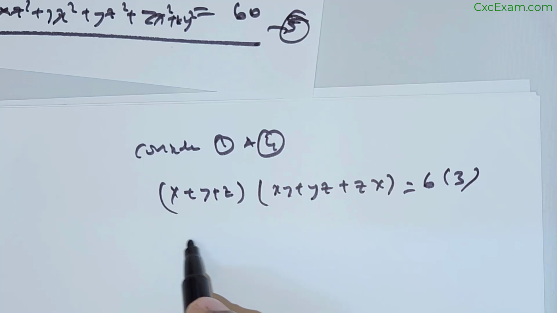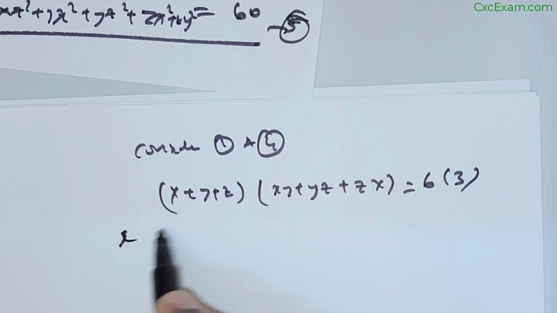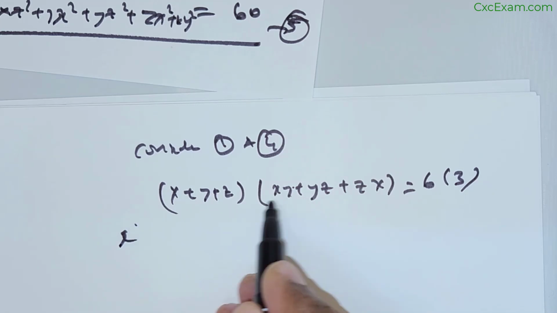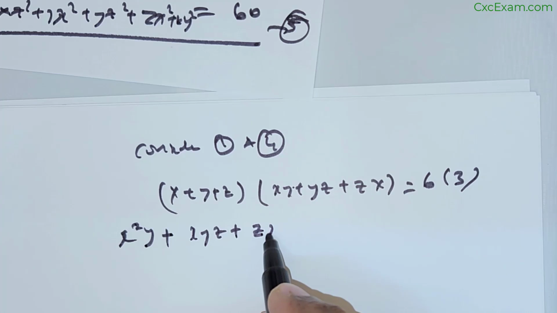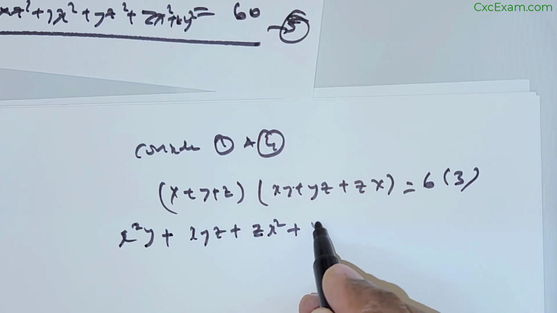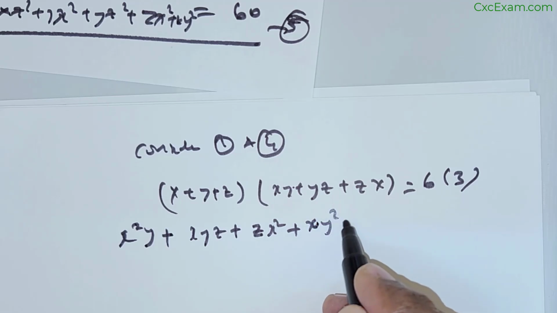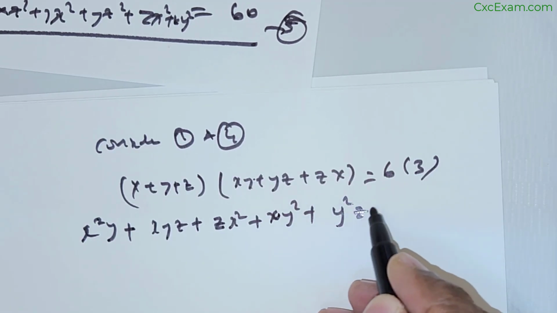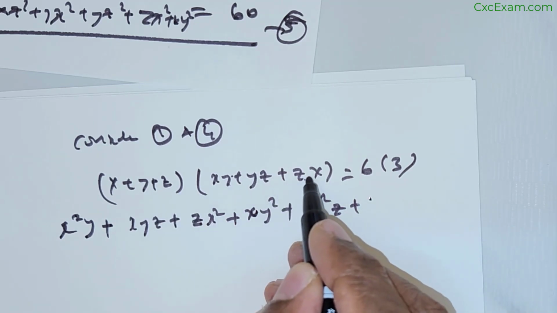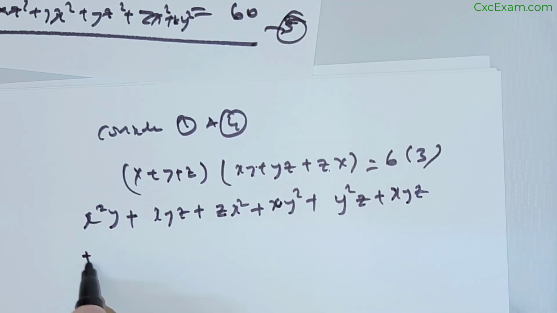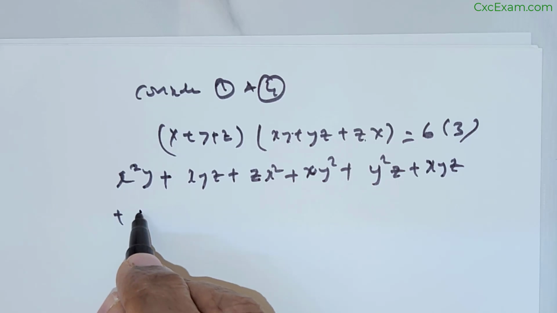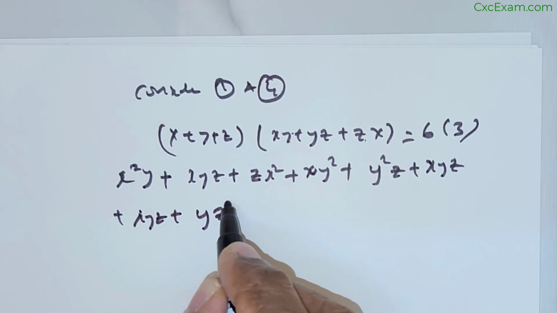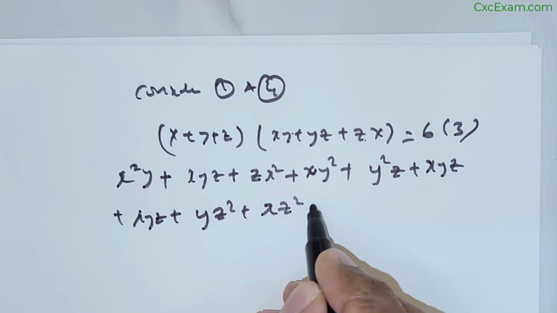So what is this going to give us? Let me distribute this. x into xy gives x²y, plus xyz, plus zx², plus xy², plus y²z, plus yzx, which I'm going to write as xyz, plus zxy, which I'll write as xyz, plus yz², plus xz² is equal to 18.